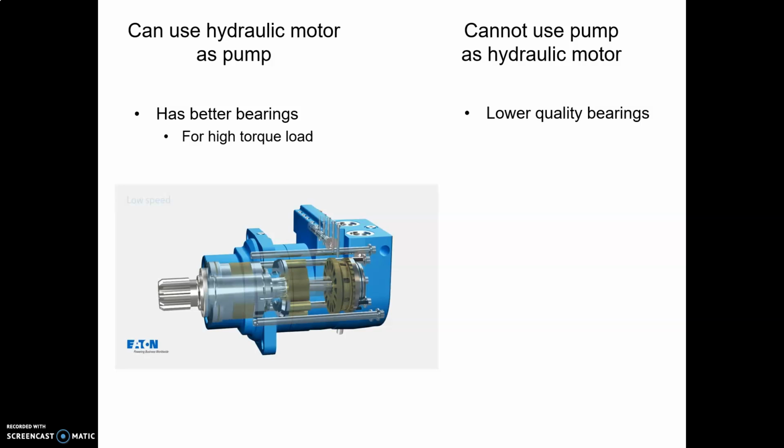Pumps don't have as much demand, and so manufacturers can use lower cost, lower quality bearings. So what that means is you can go one direction but not the other. You could use a hydraulic motor as a pump in a pinch, but you cannot use a pump as a hydraulic motor because of the bearings.